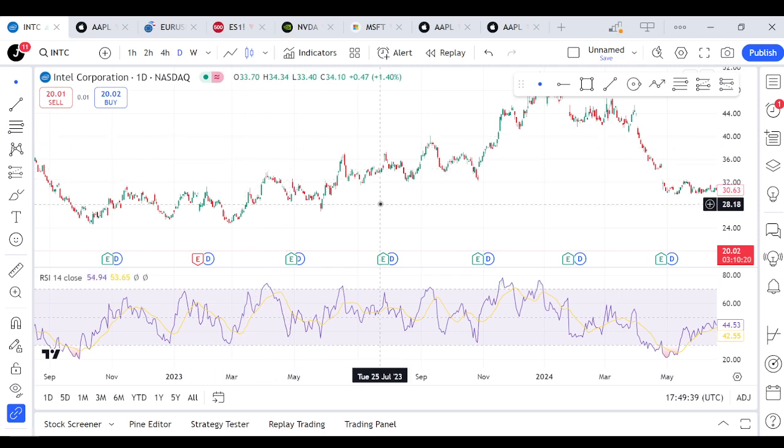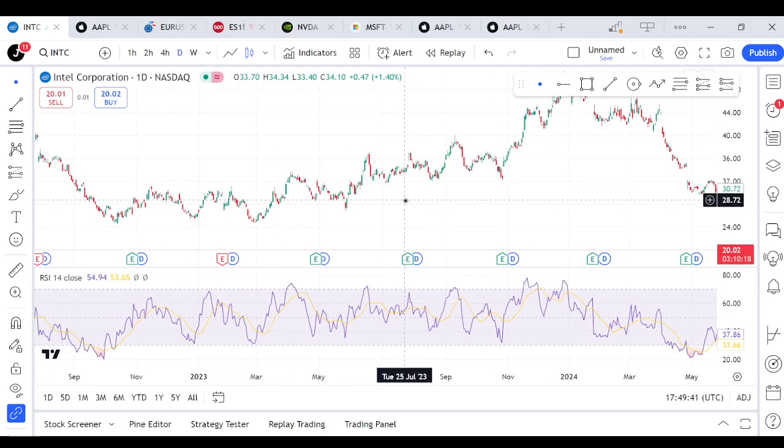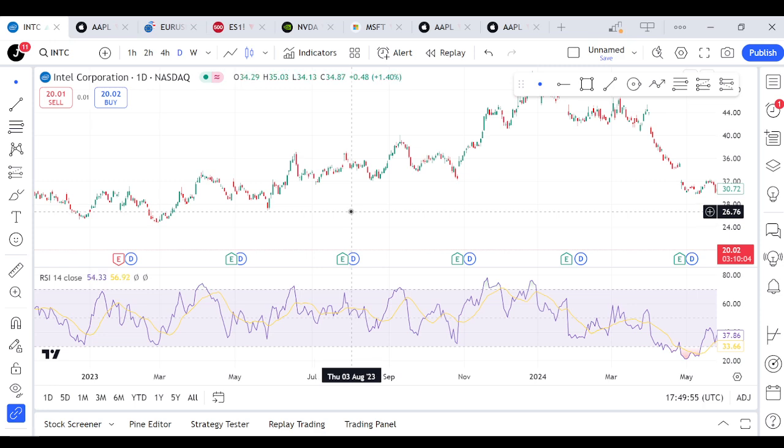So let's look at popular examples of momentum indicators. Let's start with the RSI, which we have on our screen. The RSI measures the speed and change of price movements oscillating between 0 and 100. It's particularly useful for identifying overbought and oversold conditions in the market.